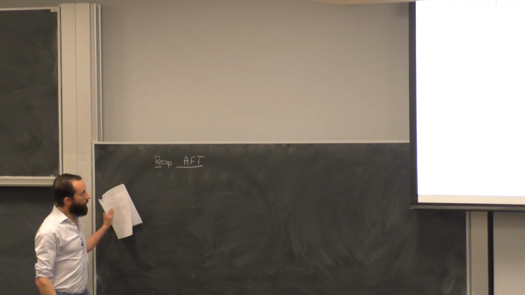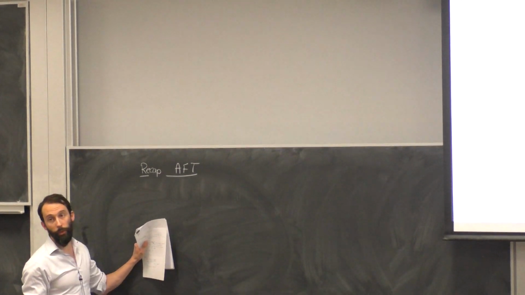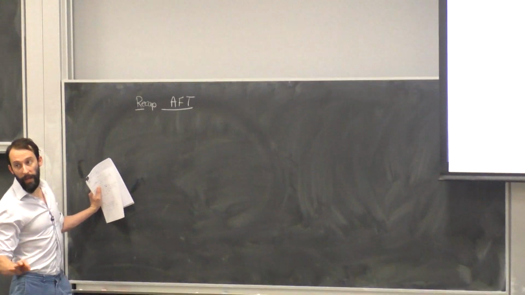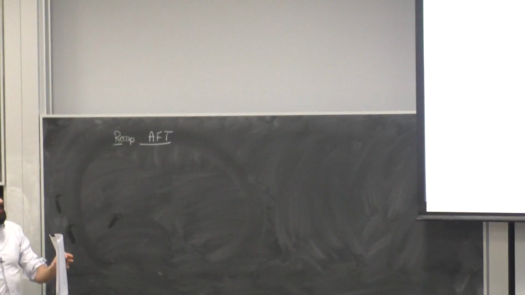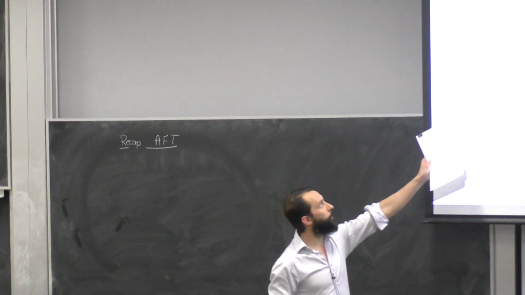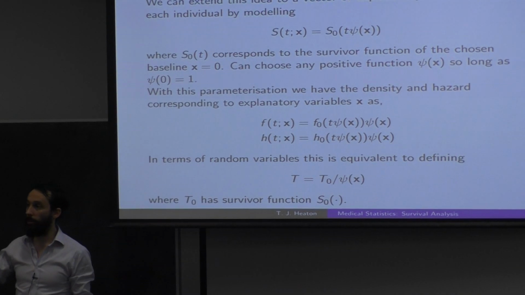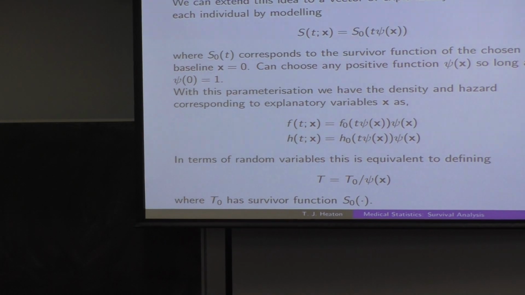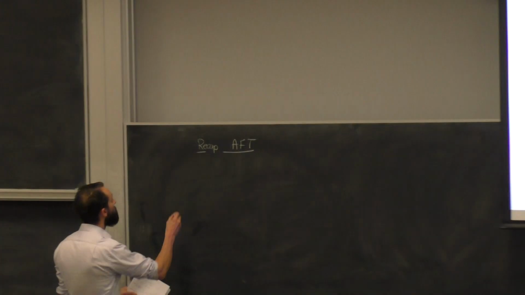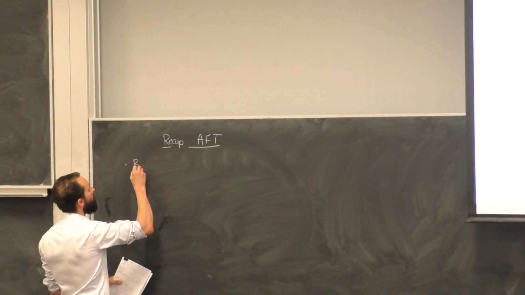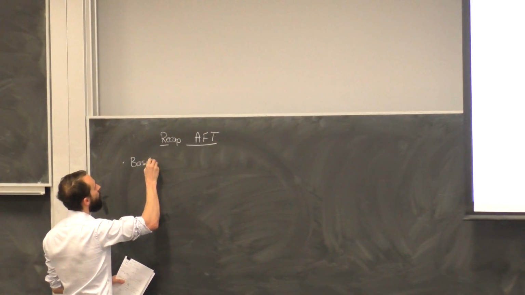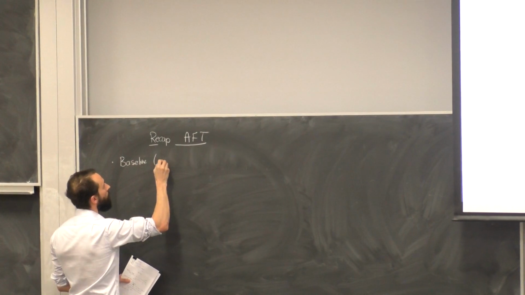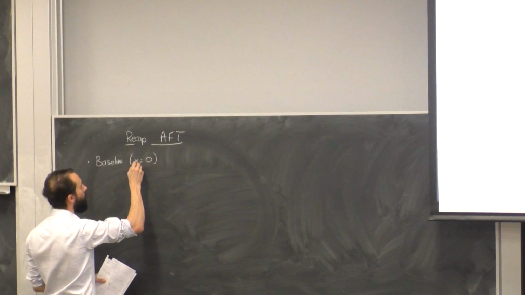Okay, so for all of these things, we're going to choose an individual that we're going to call a baseline, and for that person, we're going to say that their variables x are equal to 0. And then everyone else is going to be measured with respect to that baseline individual. So my baseline is basically when x is equal to 0.